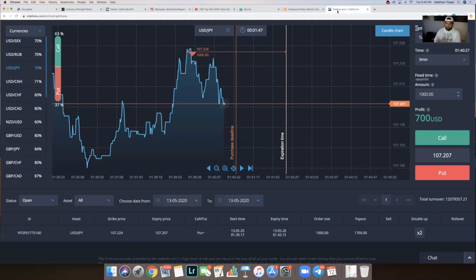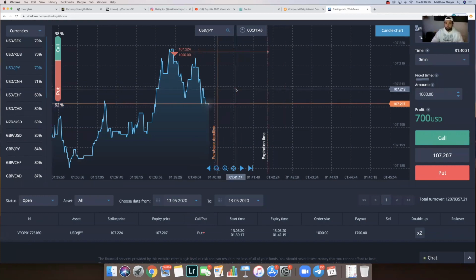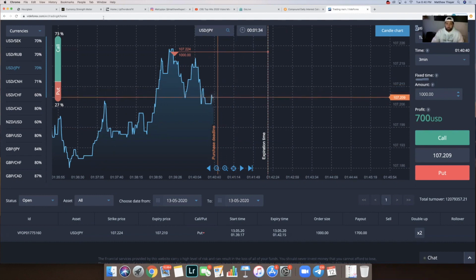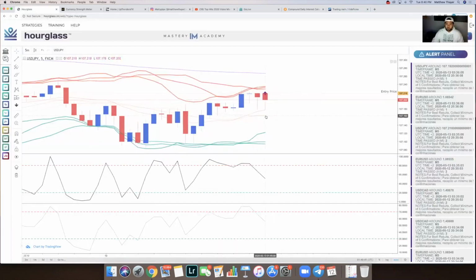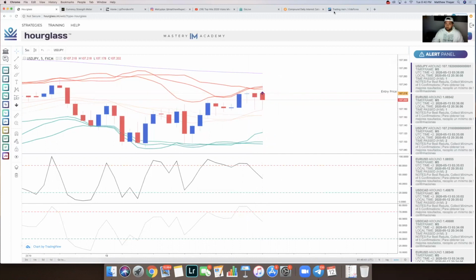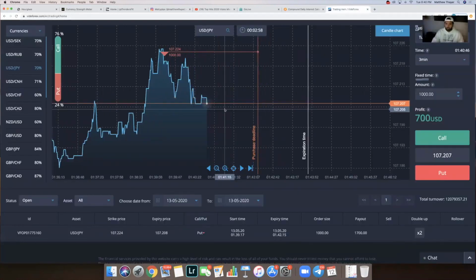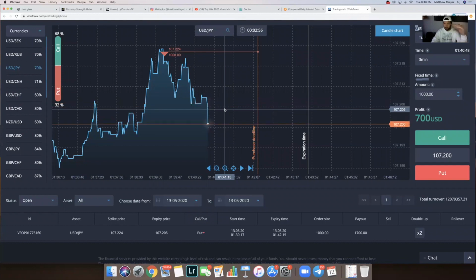But by just knowing and having IM Mastery Academy, you can just take the up arrows and the down arrows and still receive good trade setups. It's very, very simple. If you can see an up arrow or a down arrow, you can take the trade. Since we saw that down arrow, we took the trade.